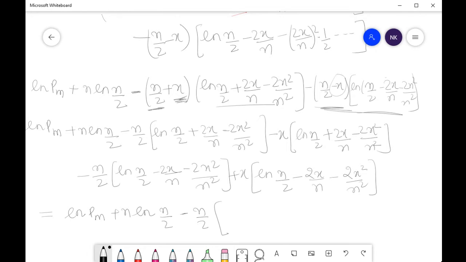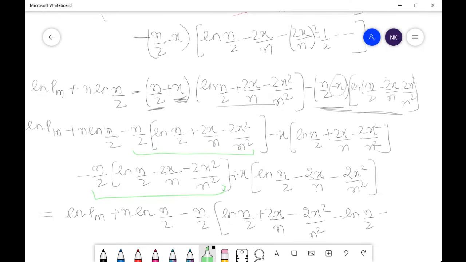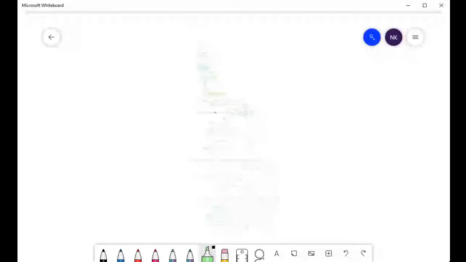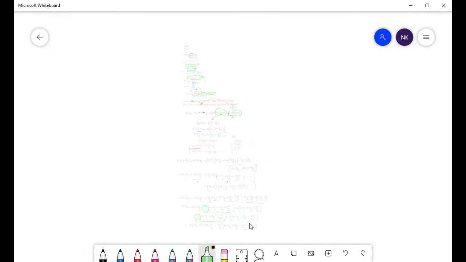Just taken the n by 2 term, log n by 2 plus 2x upon n minus 2x square upon n square minus log n by 2. मैंने अब क्या किया है? इन वाले टर्म्स को इकट्ठा किया है, दिस टर्म एंड दिस टर्म, क्योंकि दोनों में n by 2 है. So I have just taken n by 2 common.